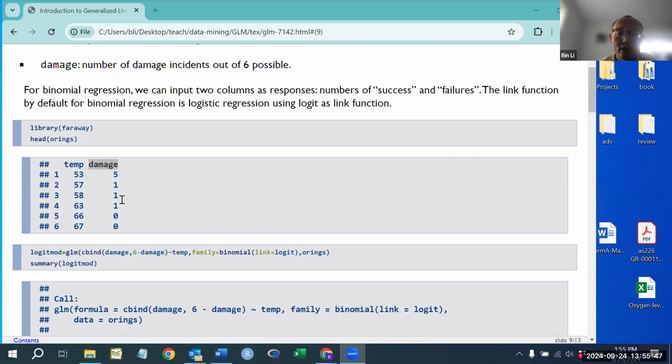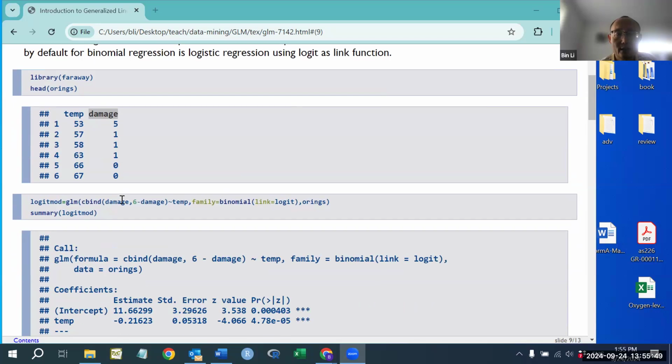One way to model that is to use cbind, which combines 2 columns. The first column is damage, and the second column is not damaged. As I said, each row includes 6 experiments, and damage shows the number of damage out of these 6 experiments.